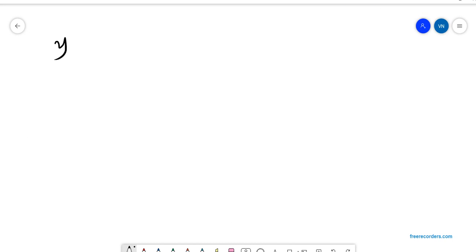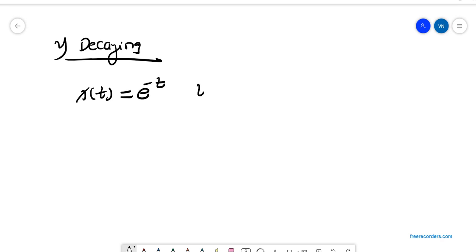Second one, decaying. In decaying you can write x of t is equal to e raised to minus t for t greater than or equal to 0 and 0 for t less than 0.